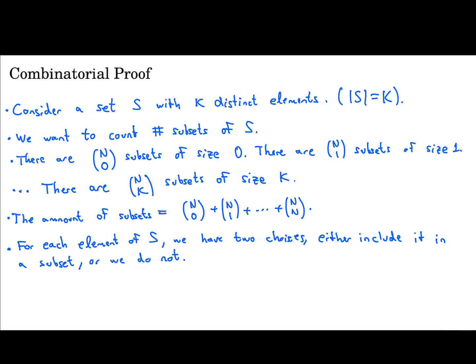So there are these two choices. Now, since there are n elements, you have two choices for the first element, whether you include it or not into a subset, times two choices for the second element, and so on. So by the product rule, this gives us 2 to the n possible subsets.